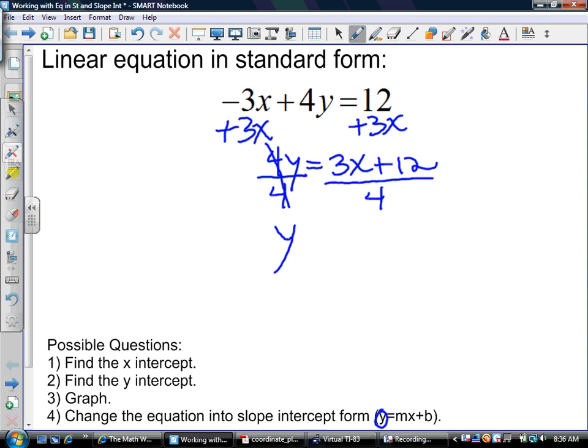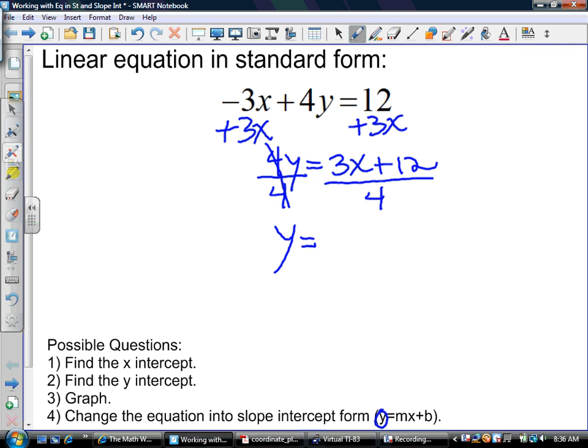We're going to have y equals, now this is a step that a lot of people tend to get fooled on. We only have one 4 on the right side of this equation, but what you need to know is that that 4 has to go into 3x and 12.